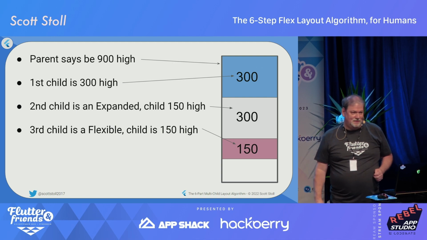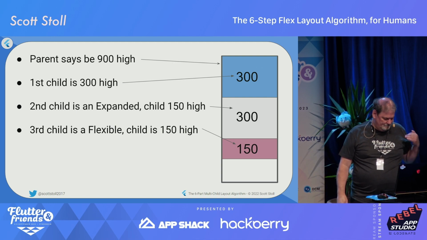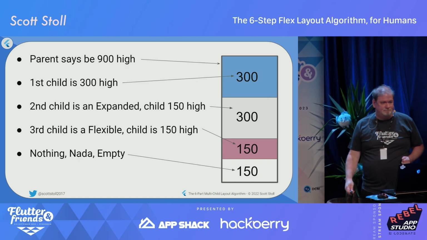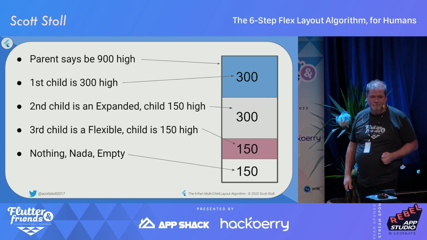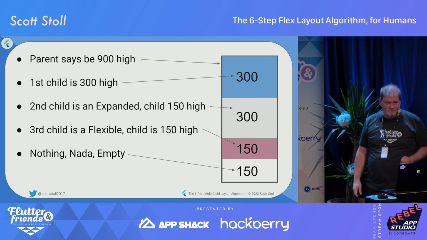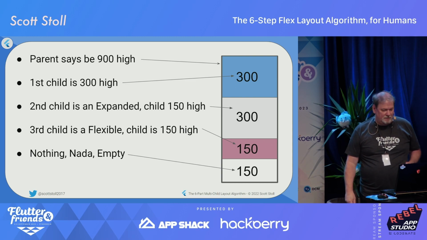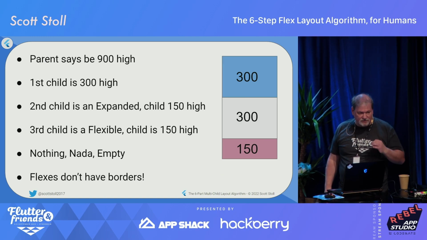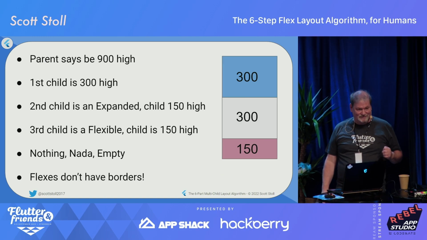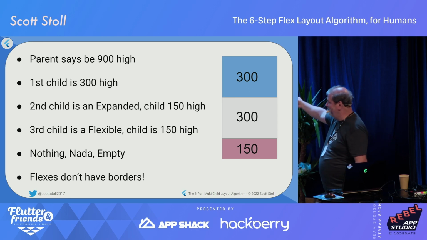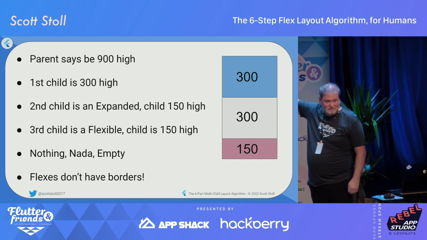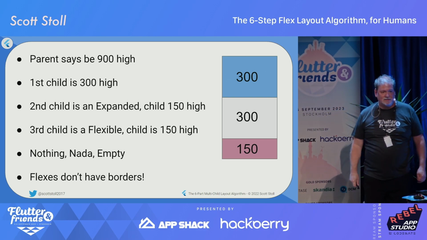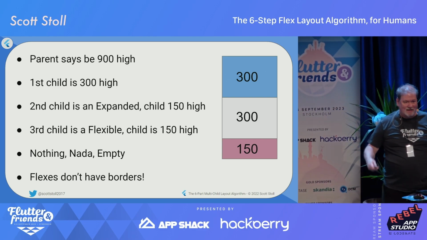Here's the goofy thing. There's 150 of empty space. Nada. But here's the goofy part of this: flexes don't have borders. So when you're looking at this, all you see is this, and you say, why is my column short? It's not. It's actually the right size.